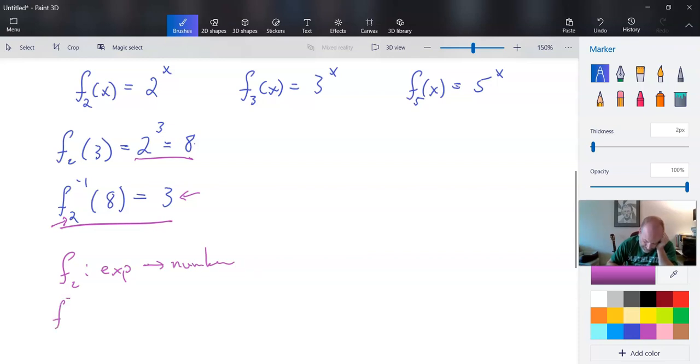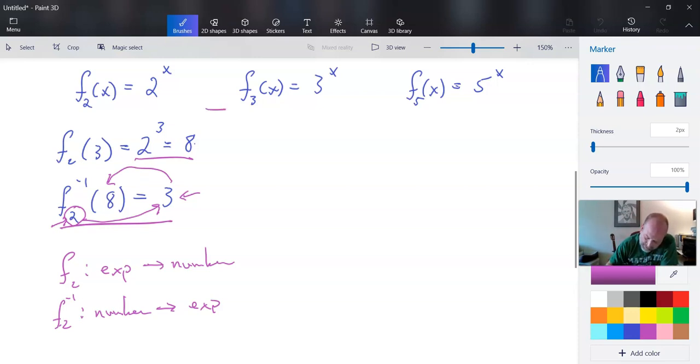Well, f inverse of 8, that means the input is a number and the output is an exponent, right? So that means that whatever this number is down here, if I raise it to this power, I should get whatever is in here.